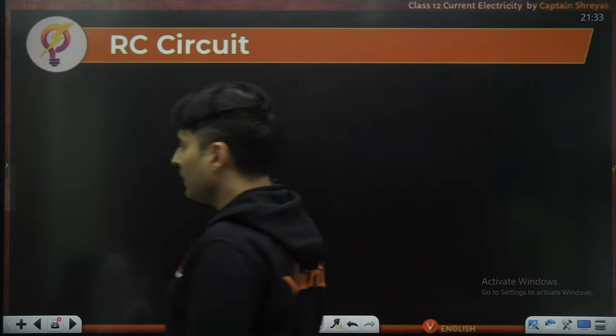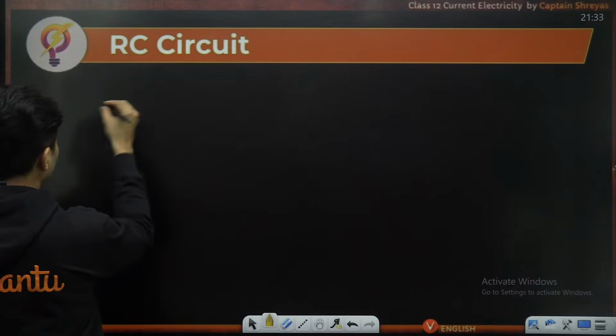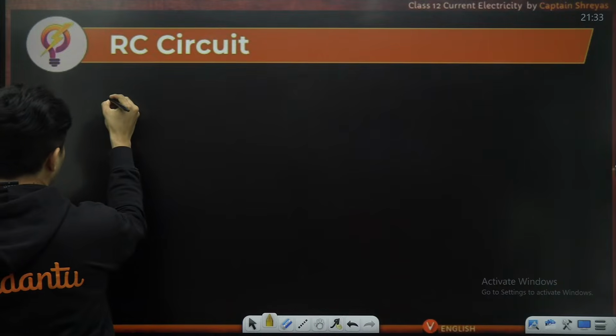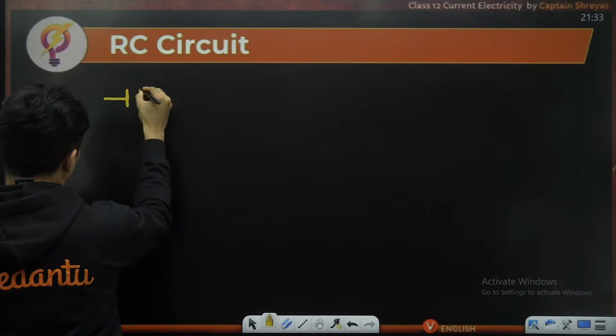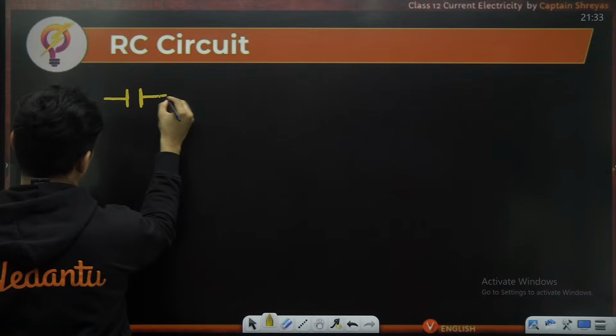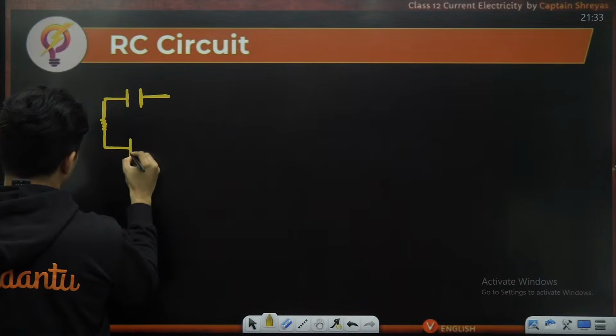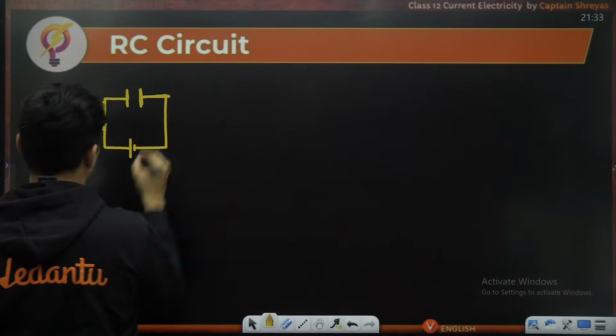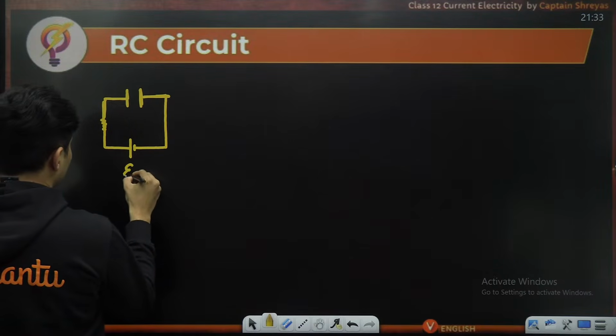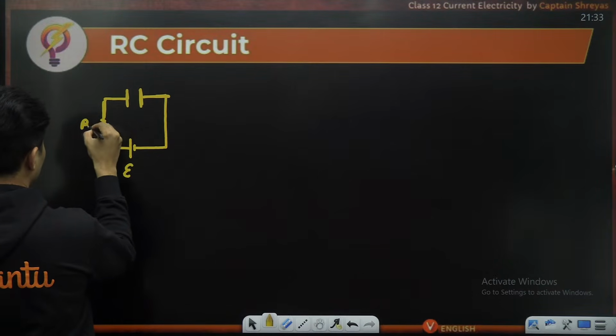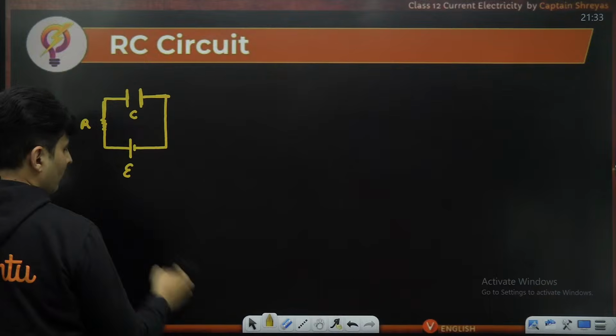See guys, there is a very unique thing about capacitor which you should know. When you take a capacitor, the wires or the battery might have some resistance. Let's say this is EMF, this is the resistance, this is the capacitance.